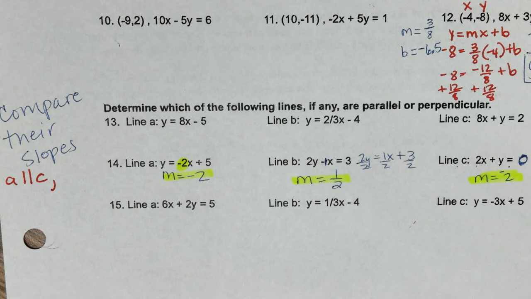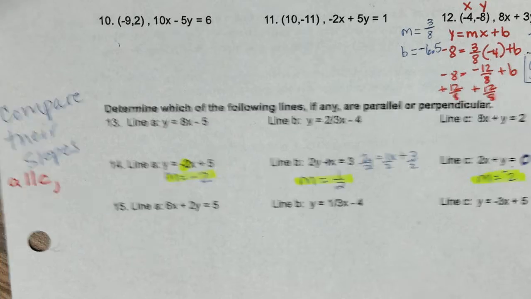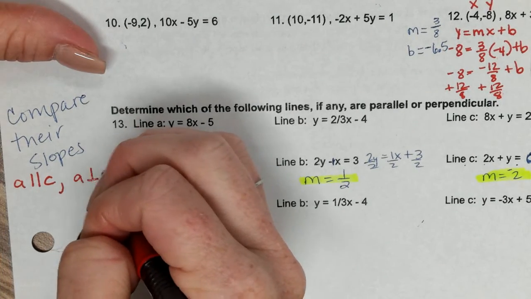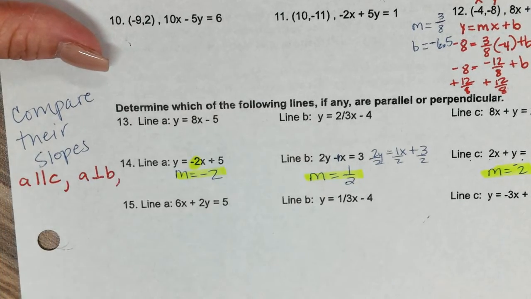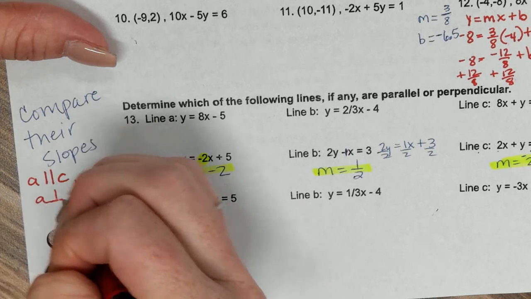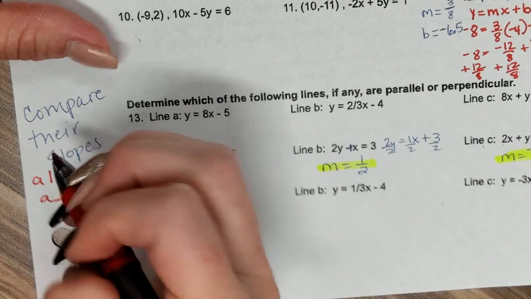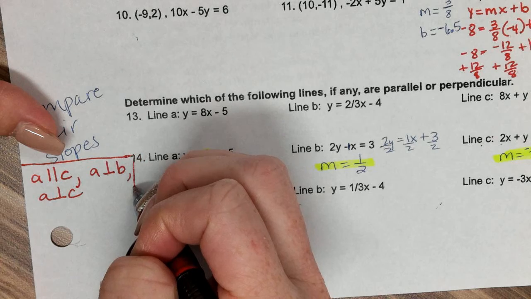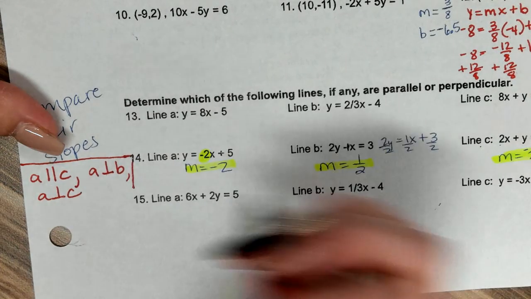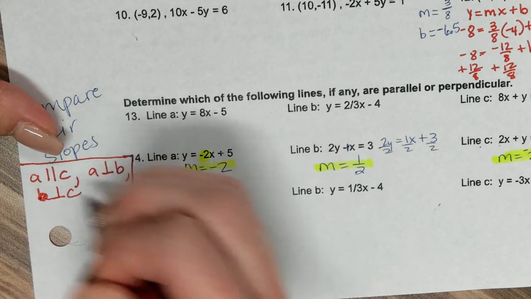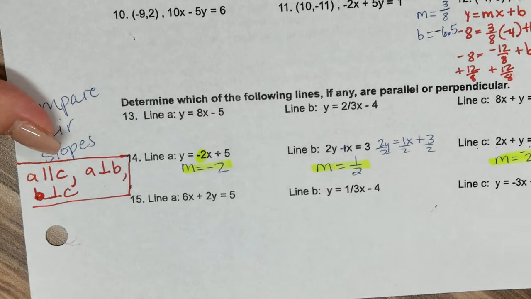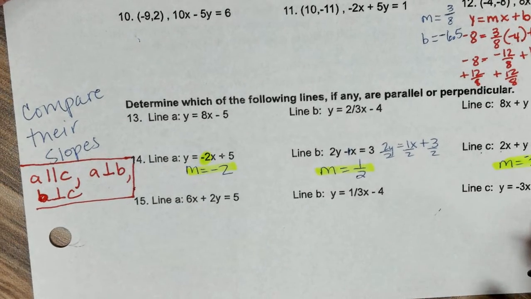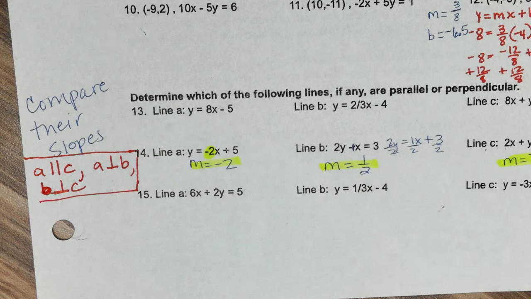Yes. What? So A is perpendicular to B, and A is perpendicular to C, yes? I meant B is perpendicular to C. Thank you. All right, so y'all can do the other two on your own.